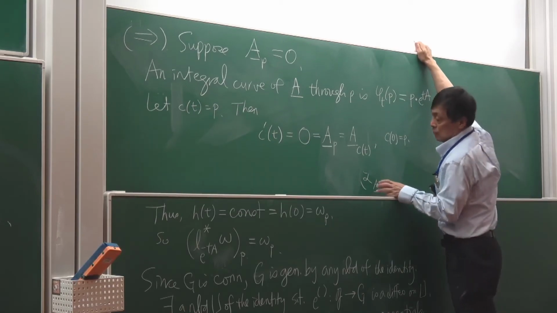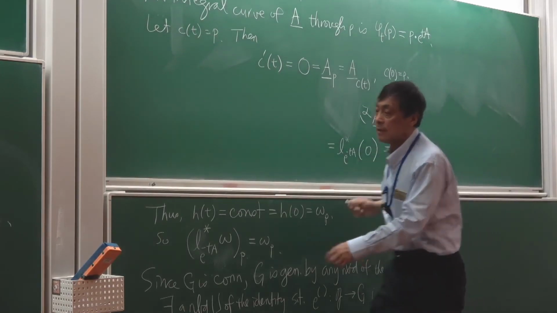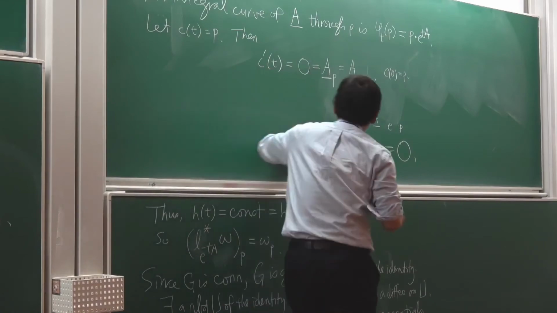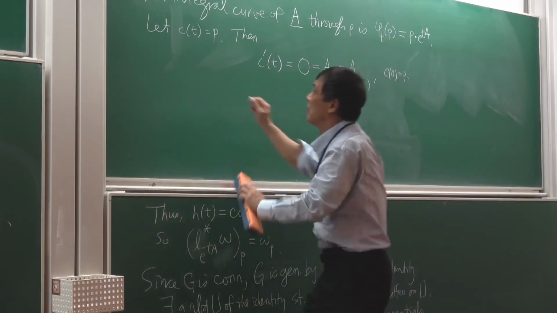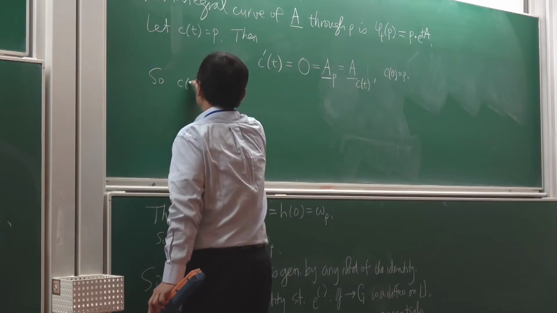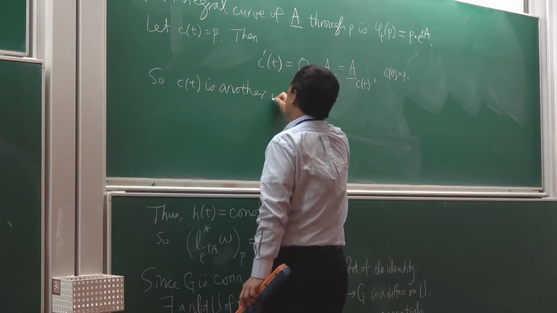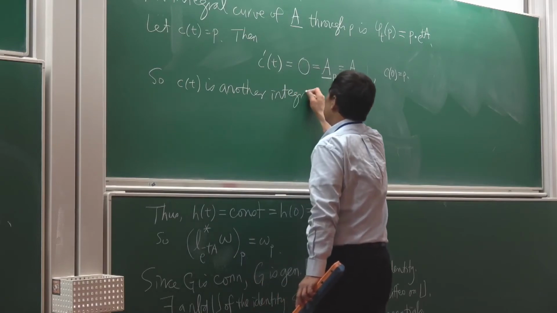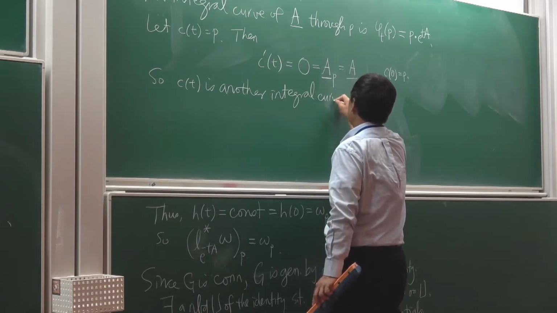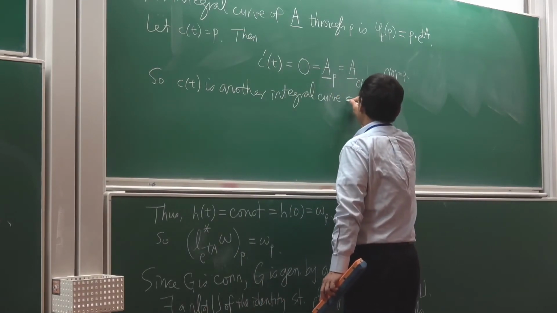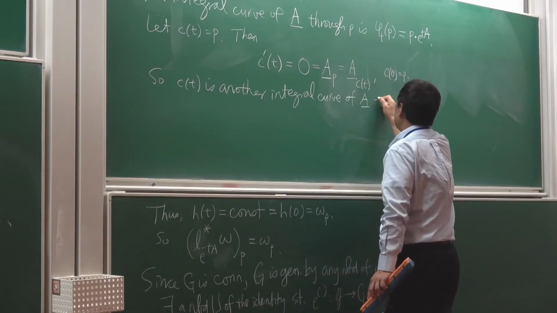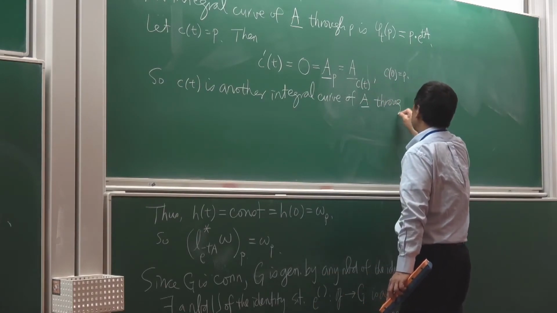So c of t is another integral curve of A bar through p.